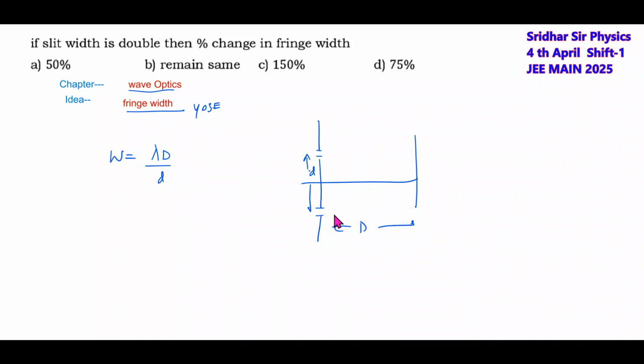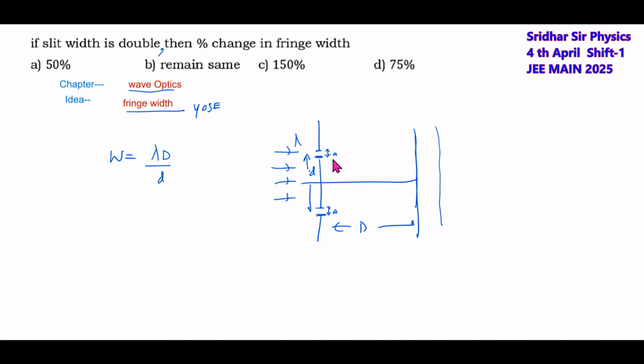This will be capital D. Here we have the slit width, call this A. Now there's light of wavelength lambda incident. What will be the effect on the fringe width? What do you mean by slit width? You mean to say this A.